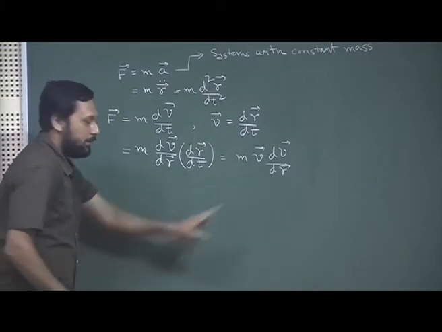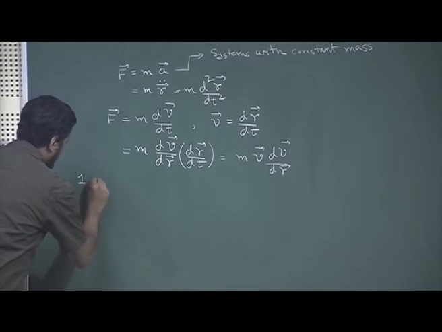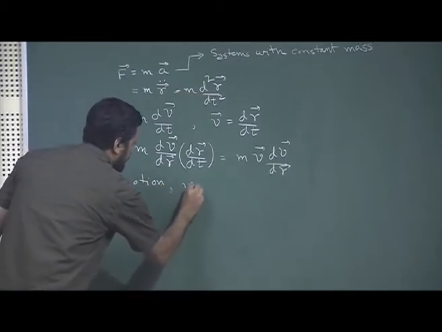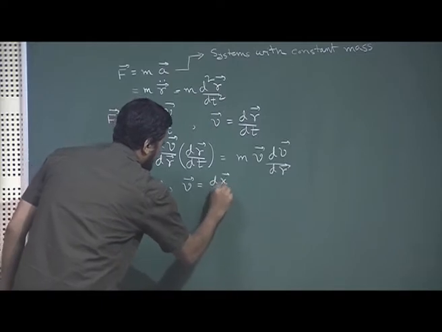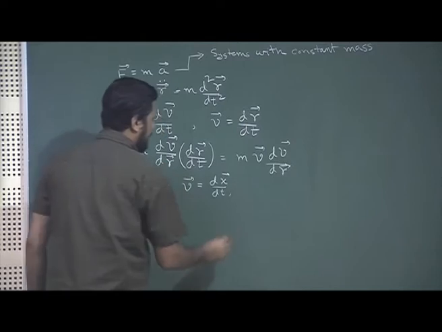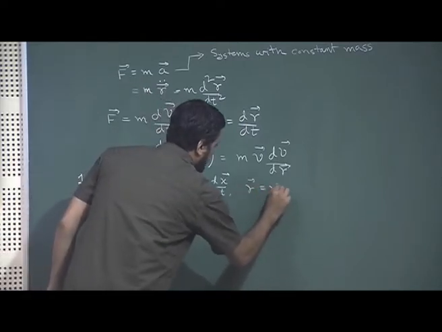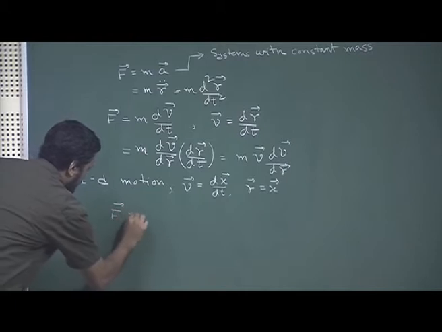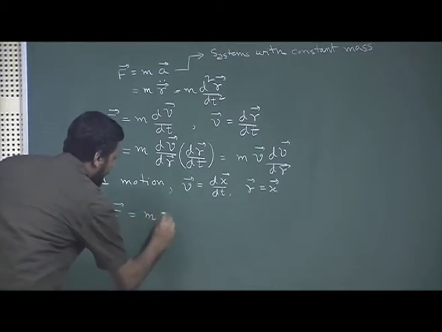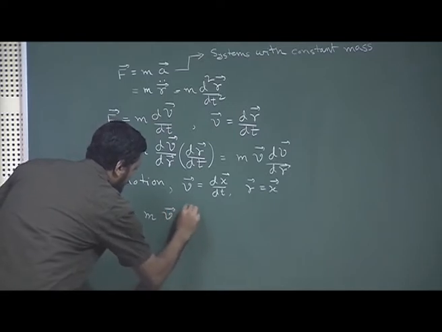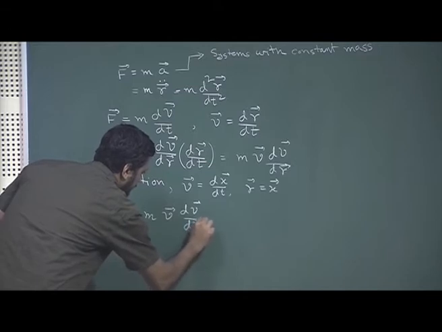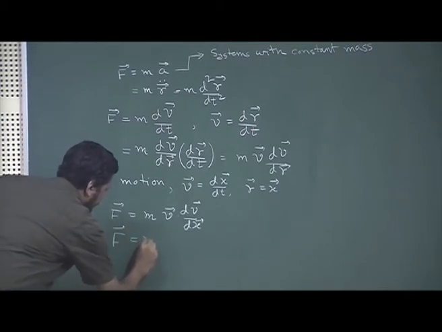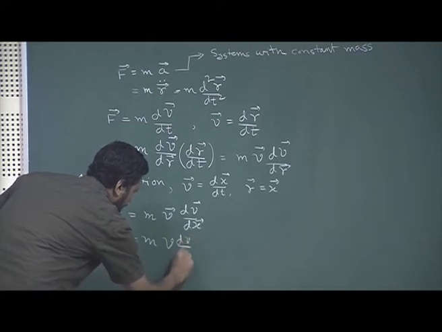Now, if we consider motion in one dimension, 1D motion, then your v is nothing but dx/dt and r is nothing but x, and this entire vector equation can be reduced to F = m v dv/dx, which can also be written as F = m v dv/dx.